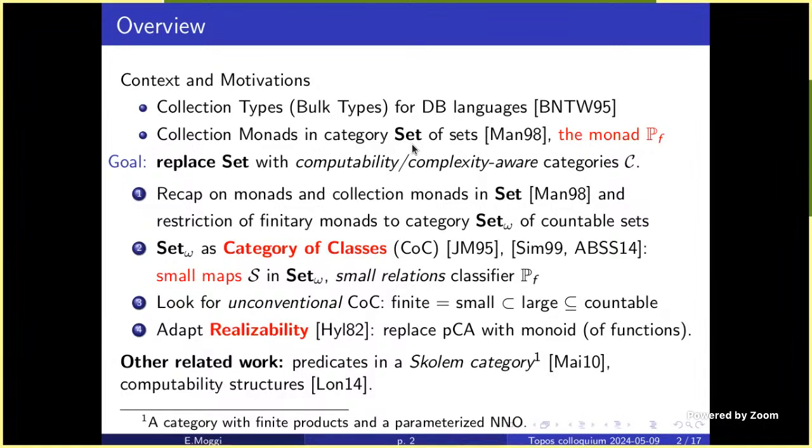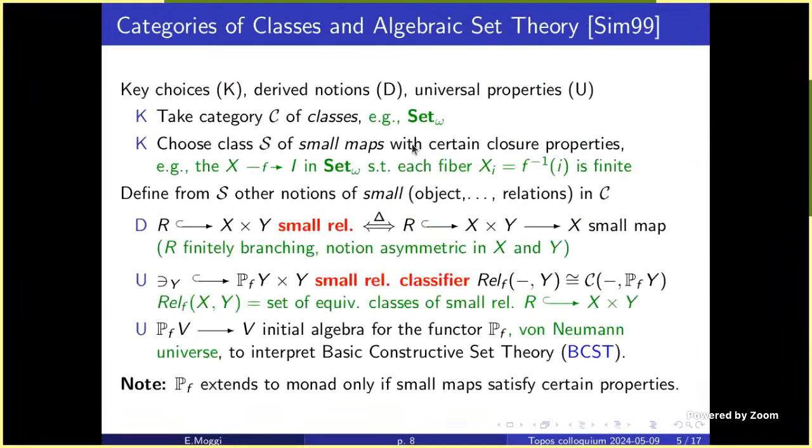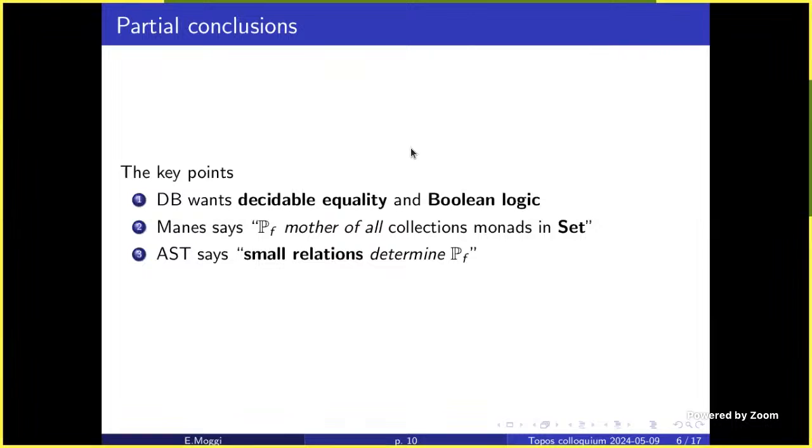So if we go back to this point, made here, the database point of view comes when you insist that the category that you are working with has a Boolean logic. So the Boolean corresponds to the extensive structure, so it's 1 + 1, not some subobject classifier.